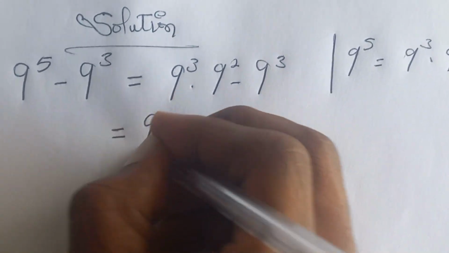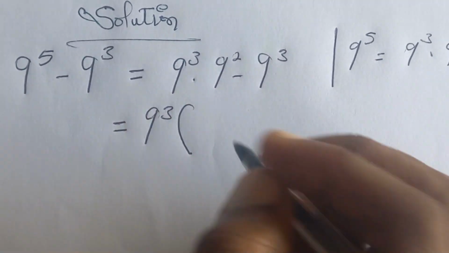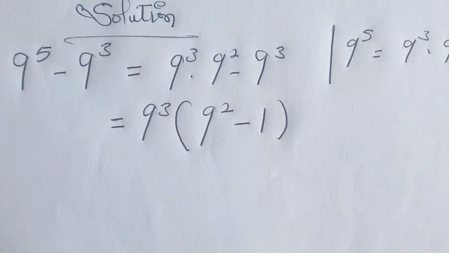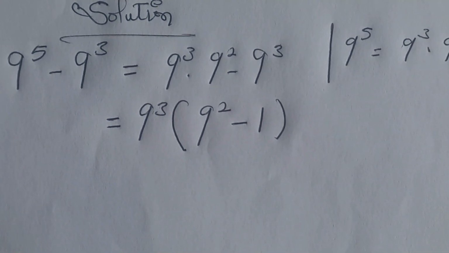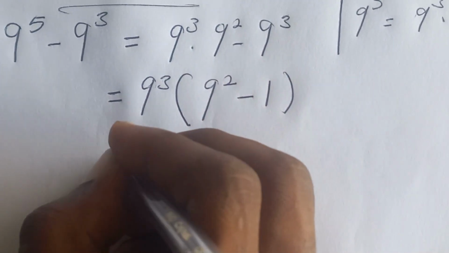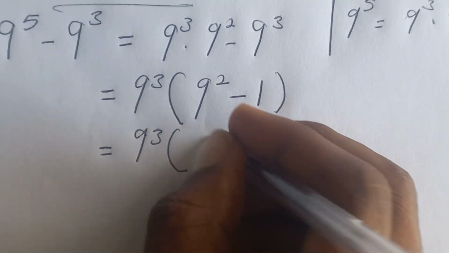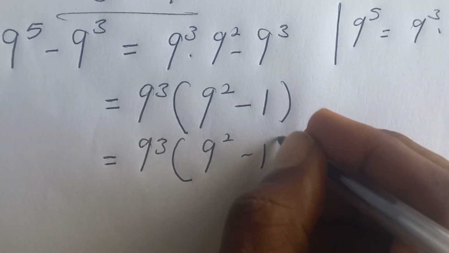So you can say 9 exponent 3 outside, into bracket 9 squared minus 1, like this. Which we can rewrite as 9 exponent 3 into bracket 9 squared minus 1 squared.